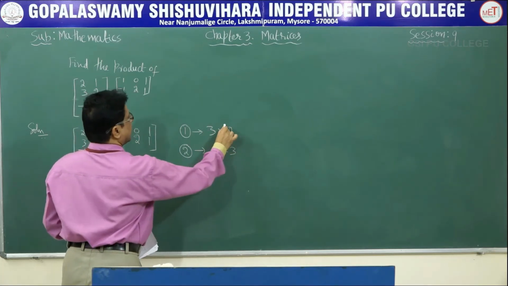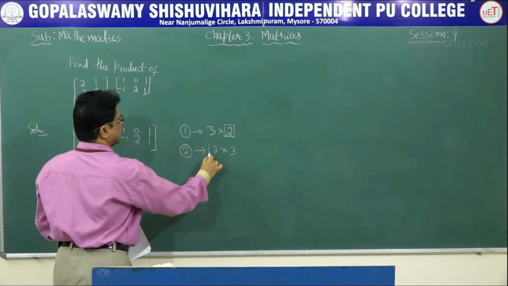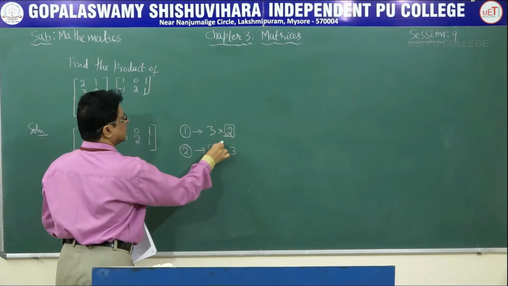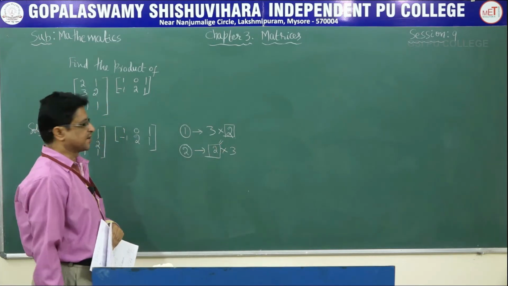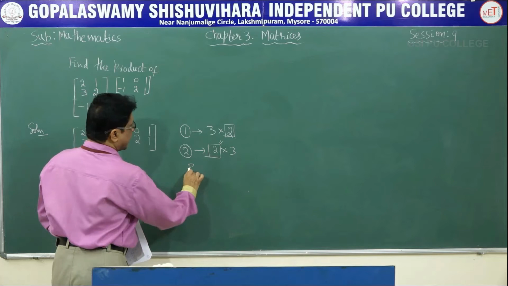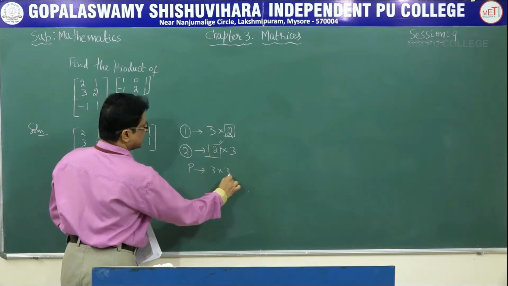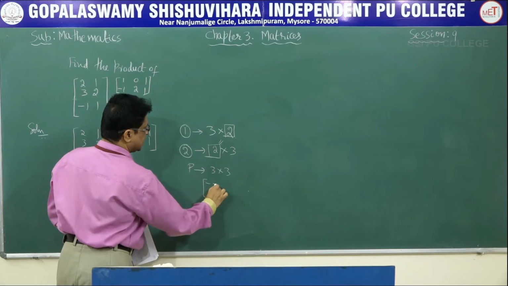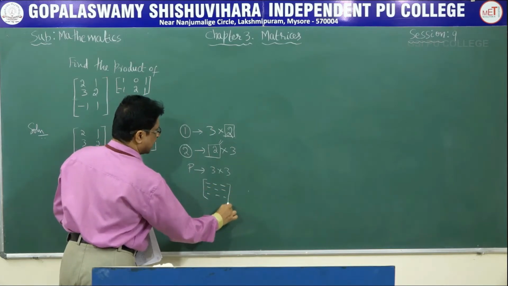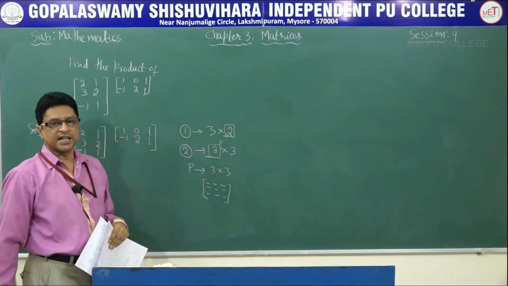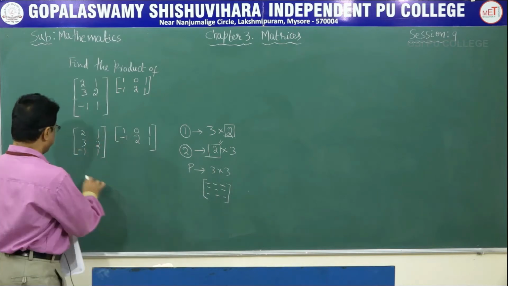Here the number of columns in the first matrix is equal to the number of rows in the second matrix. So the product matrix will be of the order 3 into 3, that is, it will have 3 rows and 3 columns.